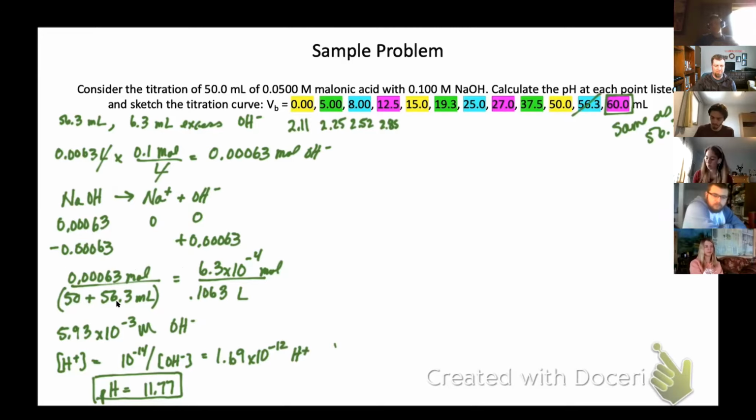In this case, it's 56.3. So the concentration is equal to 6.3 times 10 to the minus 4 moles over 0.1063 liters. We're able to get that here in 5.93 times 10 to the minus 3 molar hydroxide.